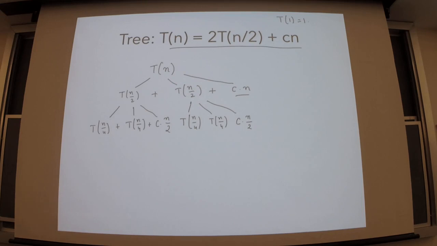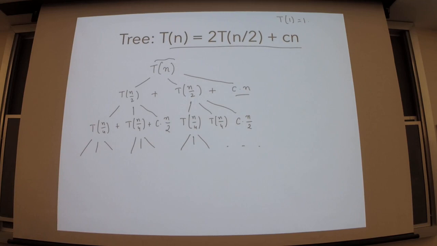Now you can imagine further dividing this, and so on. Now we can see what's going on. At this step, you have 1 T of n.